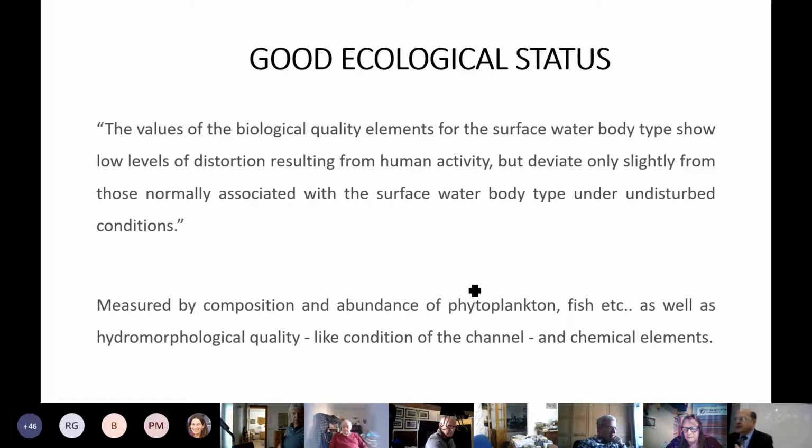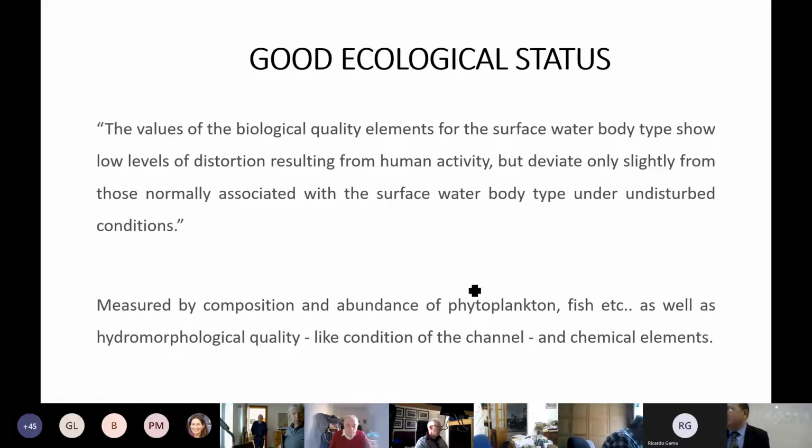What is good ecological status? It's slightly complicated. The values for the biological quality elements for the surface water body type show low levels of distortion resulting from human activity, but deviate only slightly from those normally associated with the surface water body type under undisturbed conditions. Now, basically what that means is that human activity should have a minimal effect on the natural status of the water body concerned.